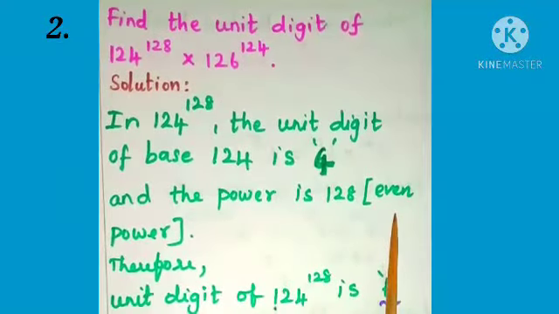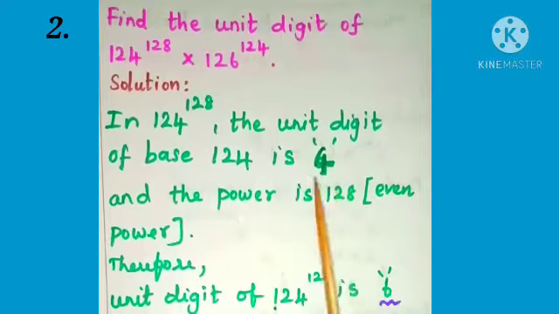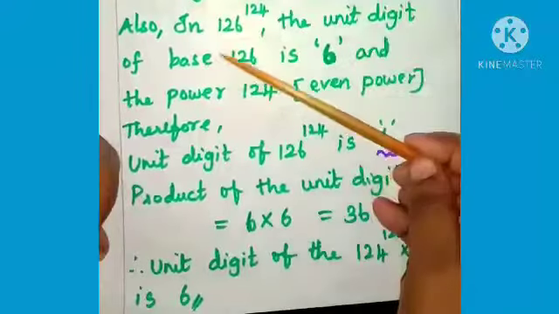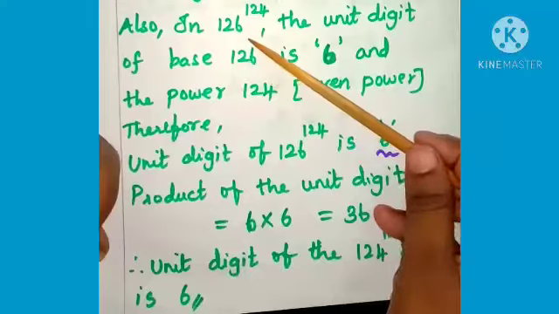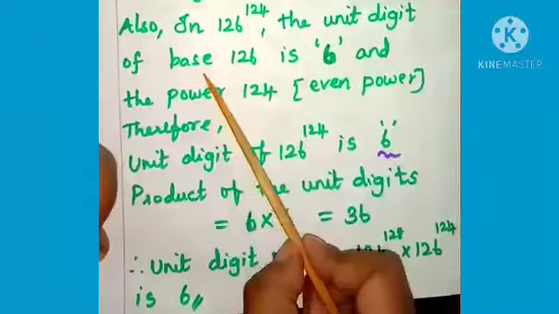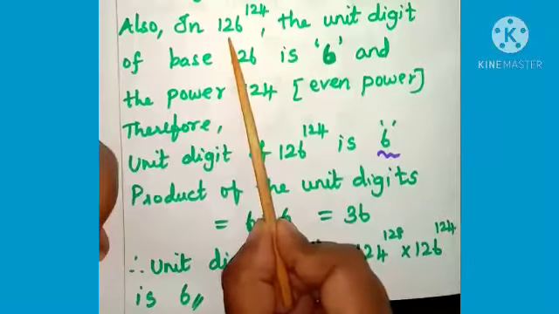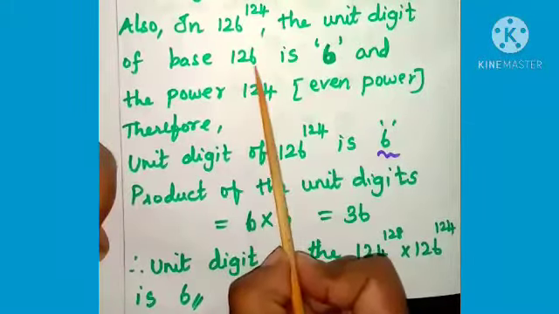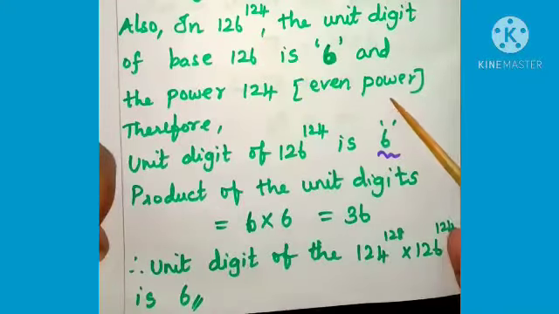So, for the even power, the unit digit of a base ending with 4 is, yes, it is 6. And let us take the second exponential form, 126 to the power of 124. Here the base is 126 and the unit digit of the base is 6, and here the power is 124, which is an even power.